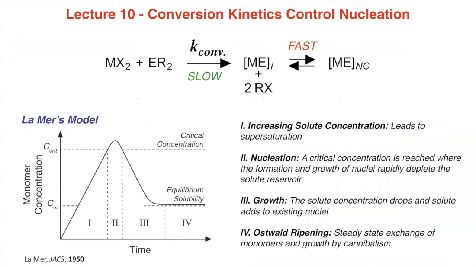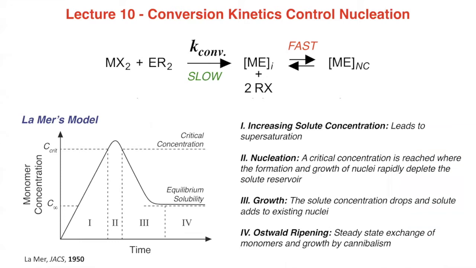So we talked about how each of those processes map onto Lemaire's explanation for burst nucleation controlling the size distribution. So in a normal nanocrystal synthesis, where you have precursors that undergo slow conversion, you supersaturate the solution with kinetics that are determined by this conversion reaction rate constant or rate.